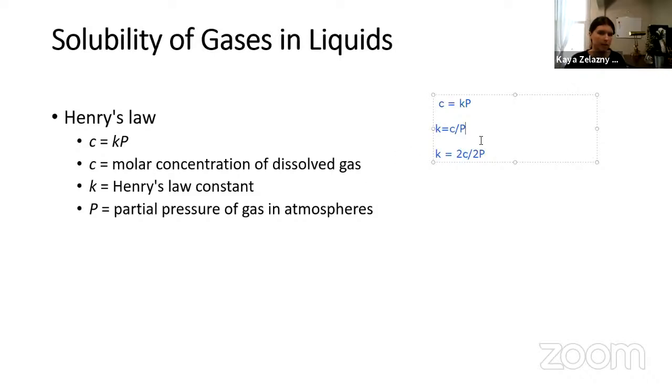And this is why we can refer to these pressures in the liquid and use them as our measure of concentration, because there's this direct relationship between the concentration and the pressure. We could directly calculate with this constant the concentration given just the pressure, and they're going to change in lockstep with each other. That's why we can do this.